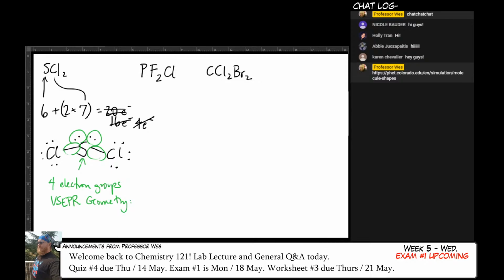That's good. Alright. Any idea? What's the shape? What's the name of the geometry that has 4 electron groups? Gotta look at that table that we made yesterday. Hopefully you wrote the table down, or have it handy. Type it in the chat. What geometry is it? Very good. Tetrahedral is correct. So we'd write that tetrahedral.